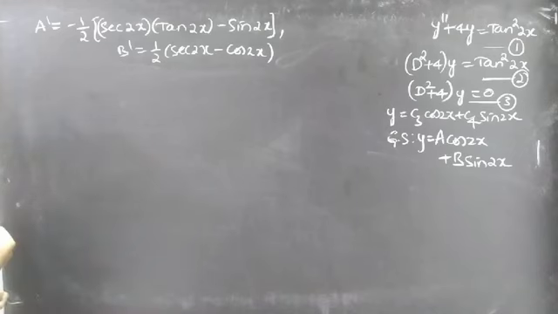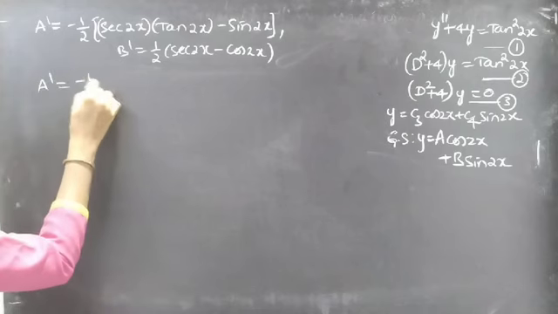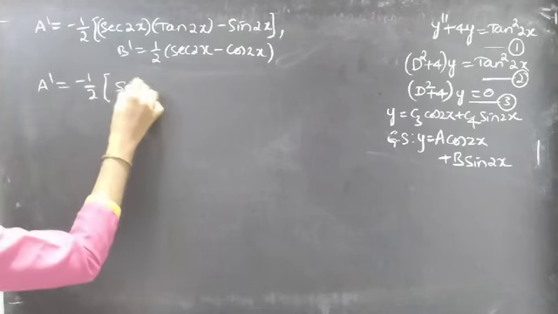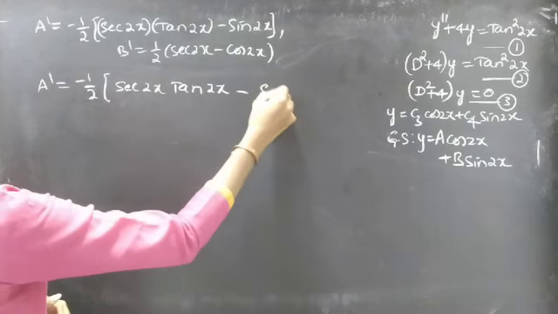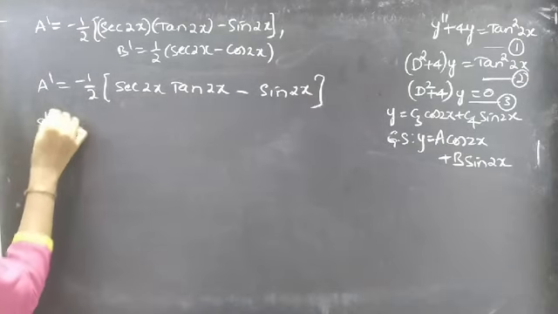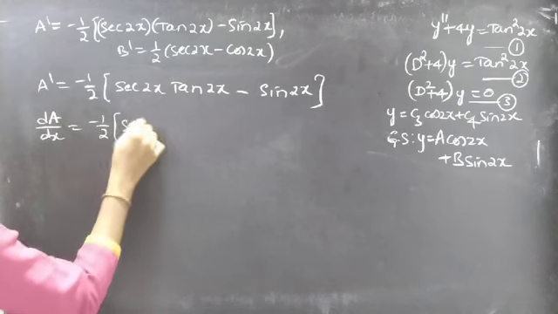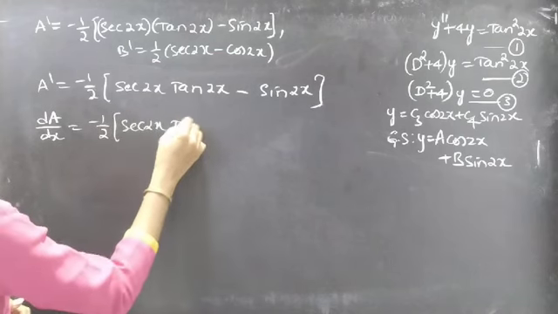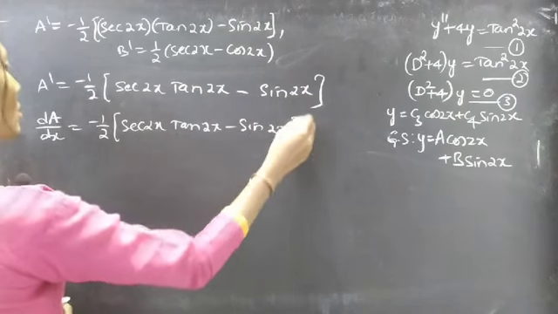So firstly I'll go for a dash. We have a dash equals minus 1 by 2 into secant 2x tan 2x minus sin 2x. We know that a dash is the derivative of a with respect to x. RHS remains the same. Now let's separate the variables.